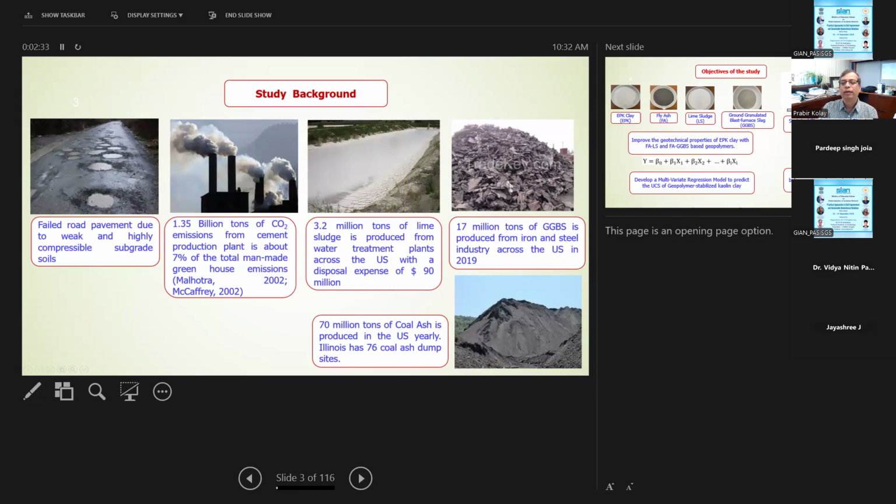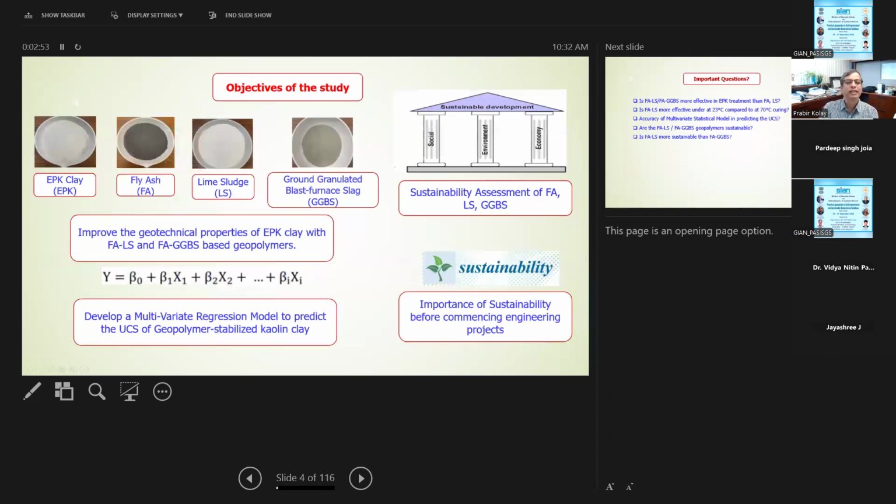In this particular experiment, we used lime sludge, an industrial byproduct from the water treatment plant. We use GGBS from the steel industry. We use coal ash from the thermal power plant.